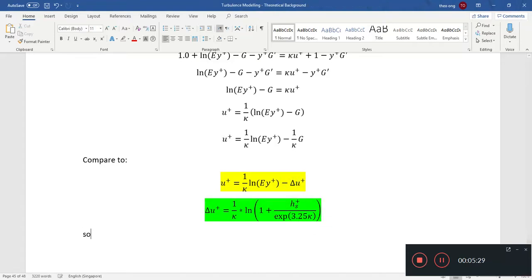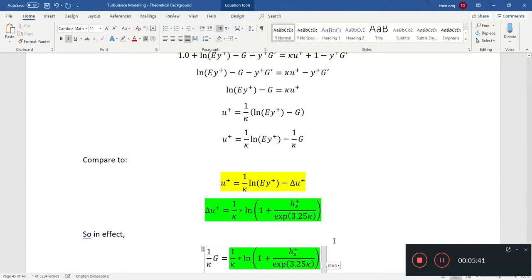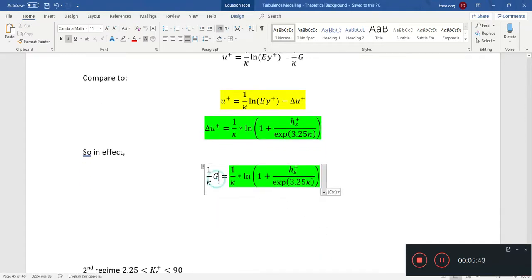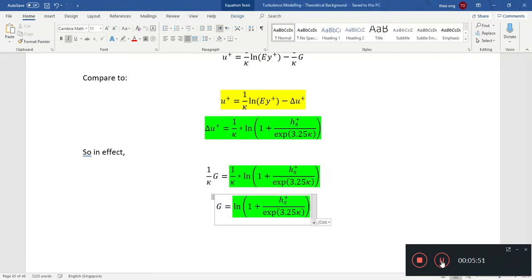So in effect, we will have this kind of thing: 1 over kappa G equals 1 over kappa ln this whole expression here. So in effect, G equals what we are familiar with, this logarithm of whatever this is.